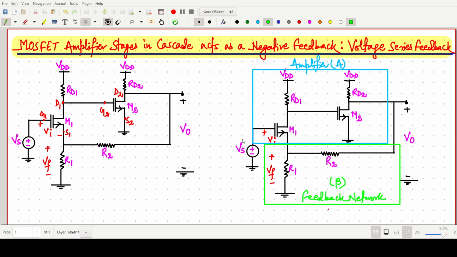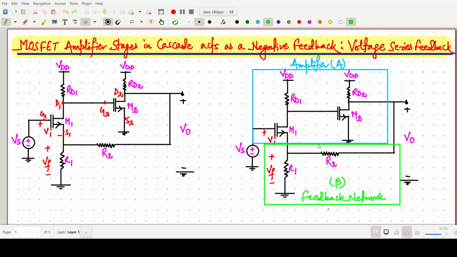This one is the source voltage, some input we are giving, and we are taking output from the drain of M2, and this is a voltage divider R1 R2. So this one is the circuit.